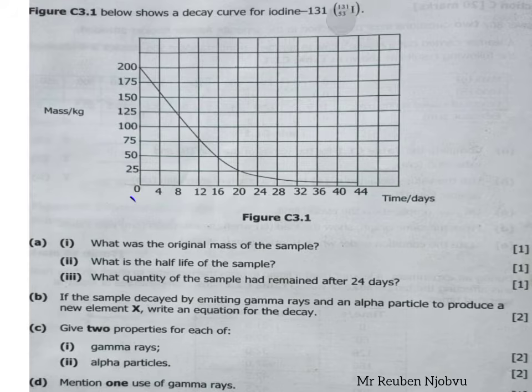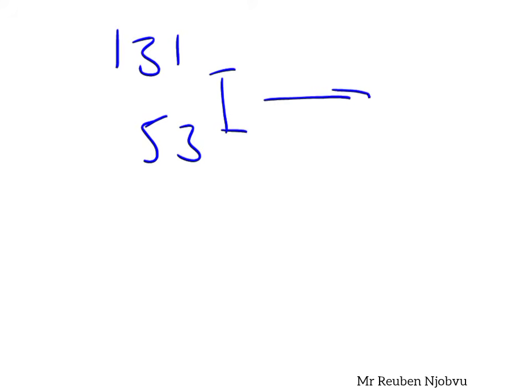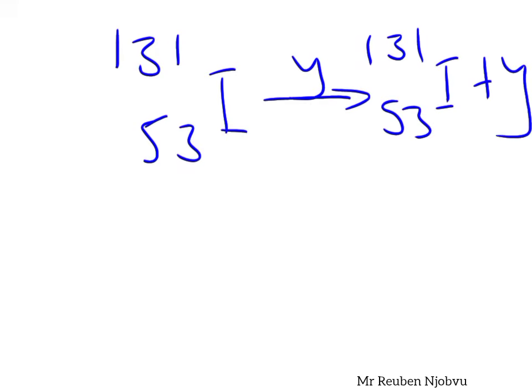So here is the sample on top: 131 up, 53 down, iodine. When it has undergone gamma emission, this remains the same. It will be 131 here, and here it will be 53. It will be iodine plus gamma, the symbol for gamma.